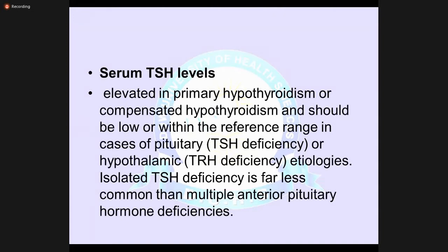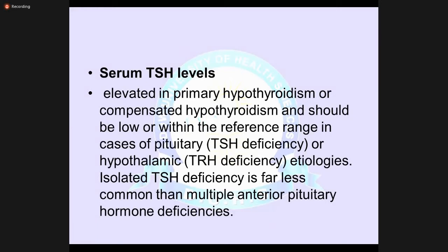If there is TSH deficiency, you expect along with that I might be having growth hormone deficiency in this child, or I might be having adrenocorticotropic hormone deficiency in this child. So isolated thyroid stimulating hormone deficiency is rare. You will be seeing signs of hypopituitarism, meaning along with decreased production of TSH, that patient is showing you decreased production of growth hormone, adrenocorticotropic hormone, follicle stimulating hormone or luteinizing hormone.